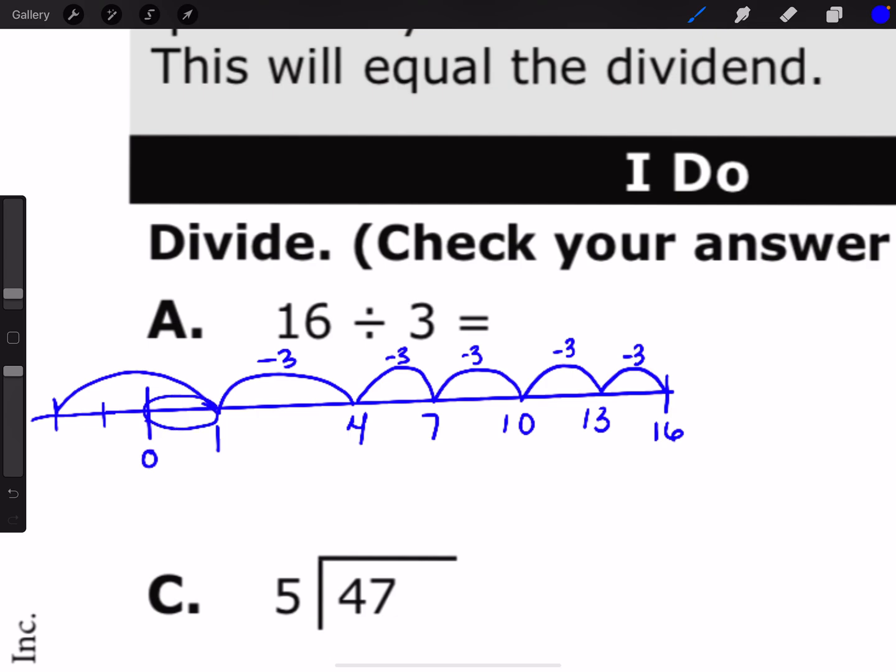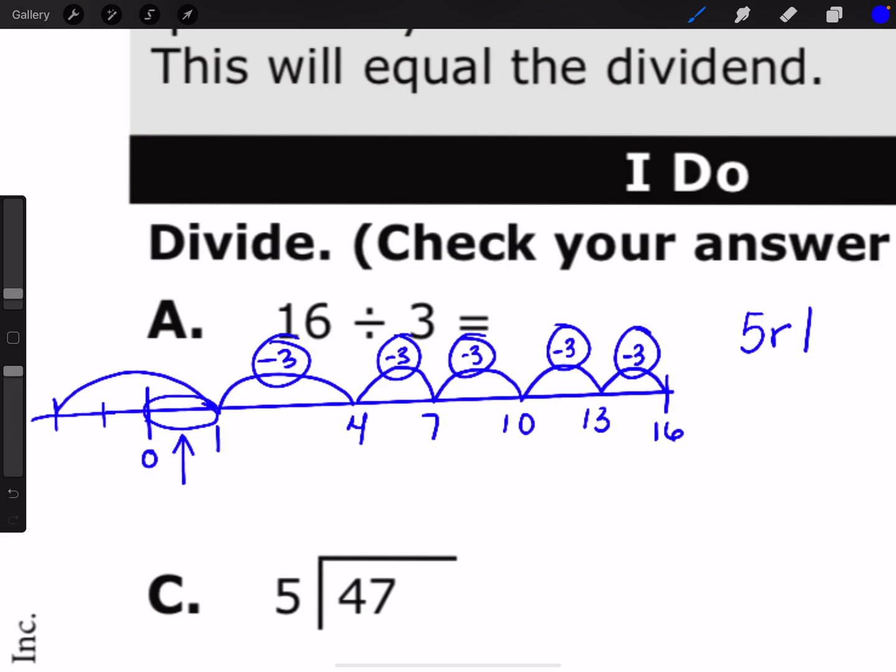So we figure out how many more we need to get to 1. We need to jump only 1 mark to get from 0 to 1. So we count these up, 1, 2, 3, 4, 5. There were 5 jumps, and the leftover is this spot right here, so it's 1.